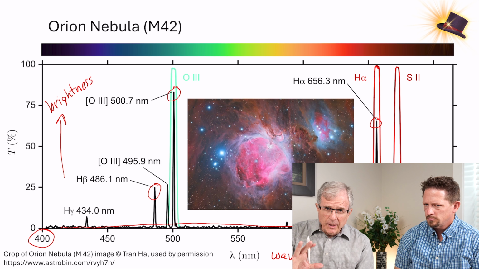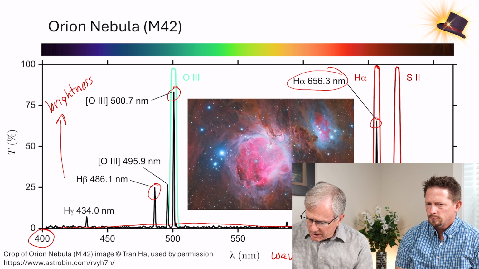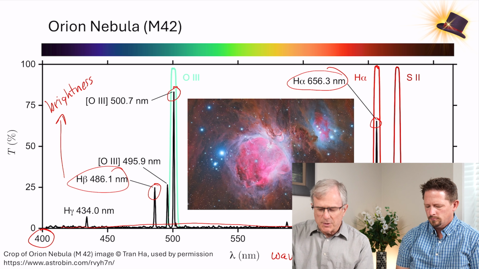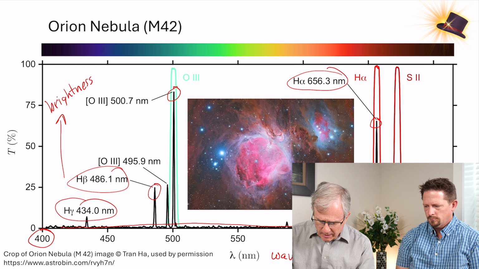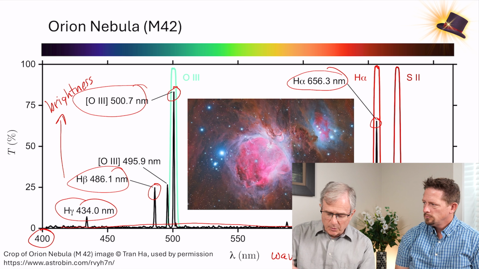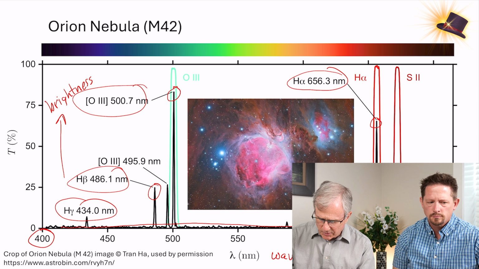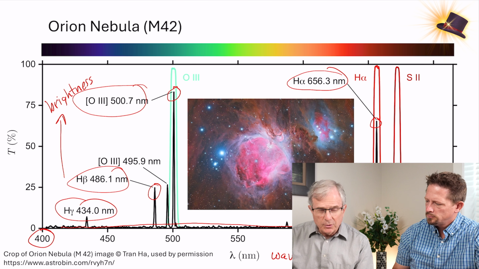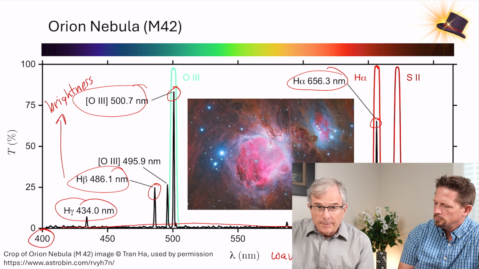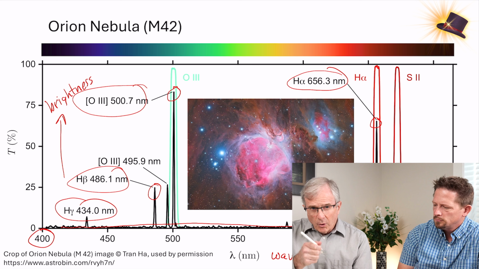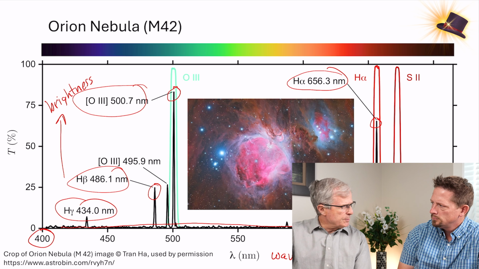This video focuses on hydrogen alpha, hydrogen beta, and hydrogen gamma, and in the subsequent video, we're going to focus on the oxygen 3, nitrogen 2, and sulfur 2 emission lines. But the important thing to note here is that light is emitted at particular wavelengths, not over a broad spectrum.